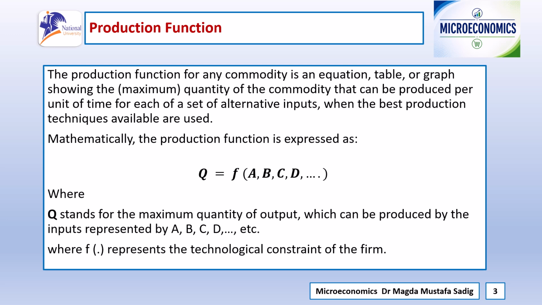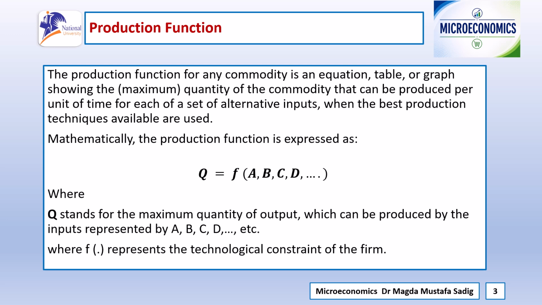The production function can also be expressed mathematically as Q is a function of A, B, C, and D. Here, Q represents output. A, B, C, and D represent different production inputs, such as labor, capital, land, and raw materials.